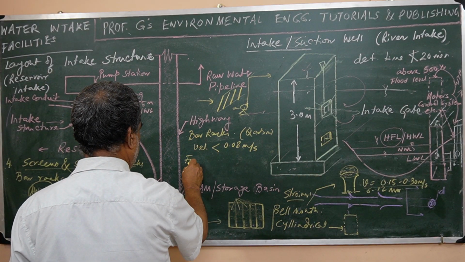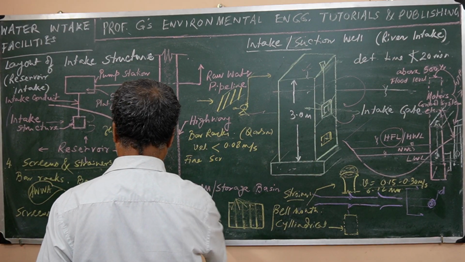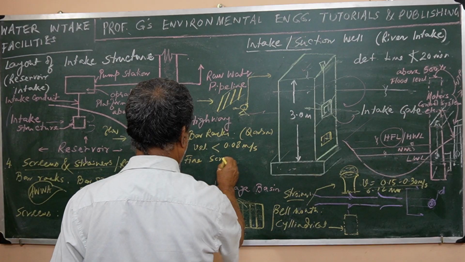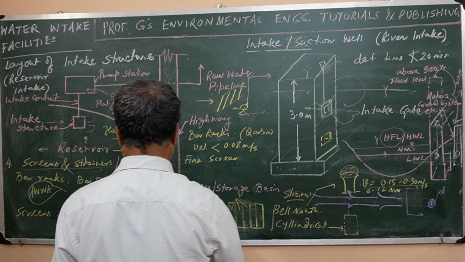Now coming to this fine screen. This I have already mentioned, in fact, 0.08 or so, right, earlier. But different types of screens are there, that is why I have repeated here.